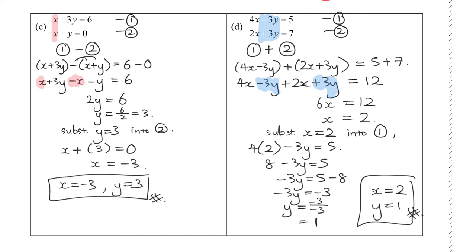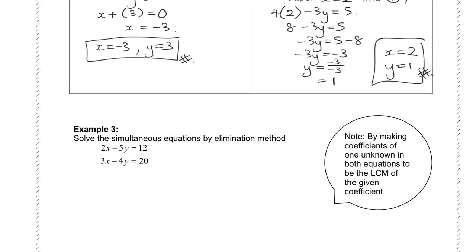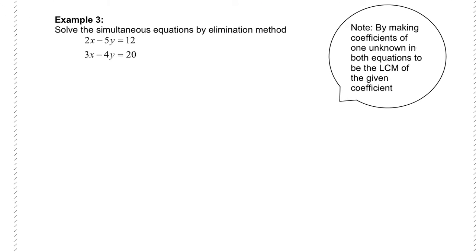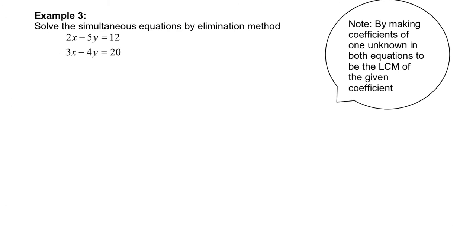So these are 2 examples of elimination where I'm adding and subtracting equations to eliminate either x or y. Moving on. What happens if I have such a situation? Let me follow the same steps by first labeling equation 1 and equation 2.